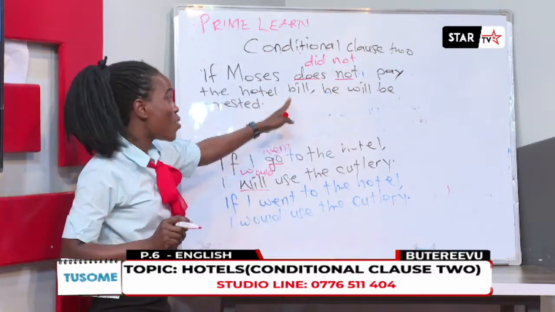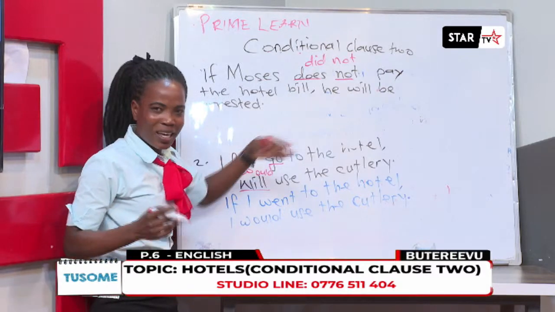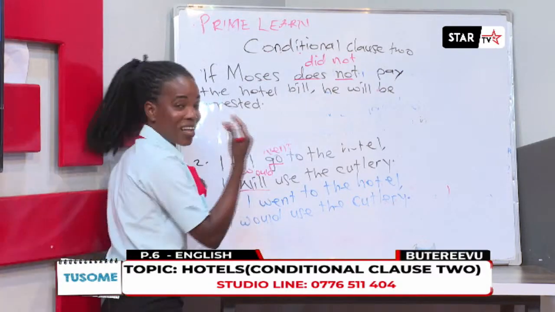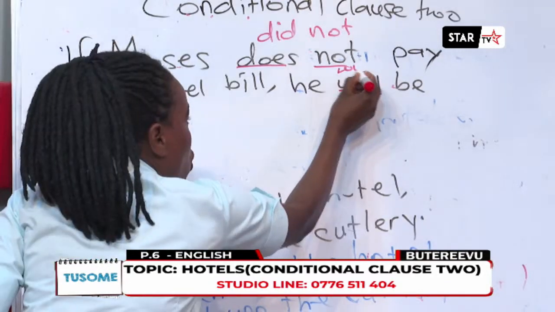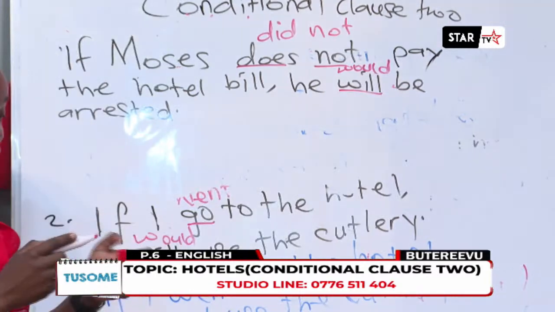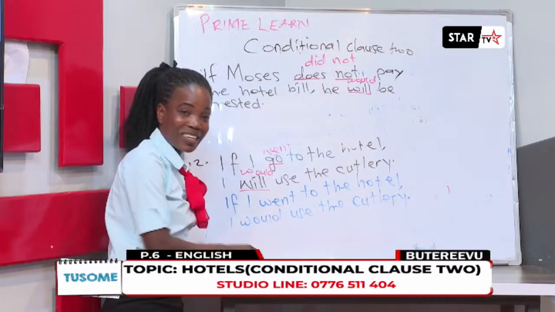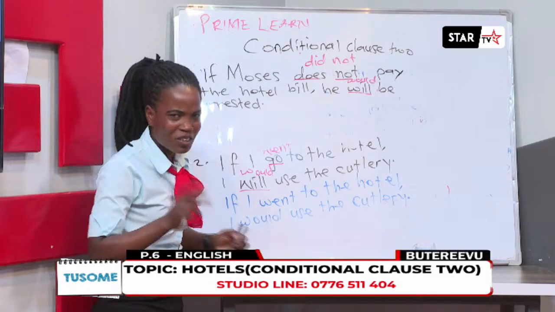Go ahead and look at the main clause. Any modal verb given? Yes, there is one, and that is "will". Change this "will" to "would". After making all those changes, then rewrite your sentence in conditional clause 2.